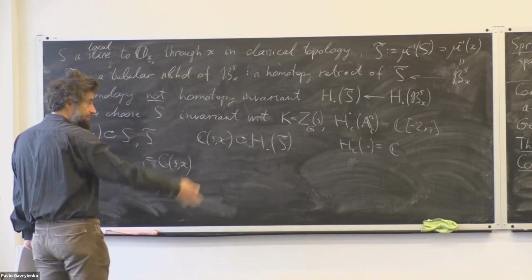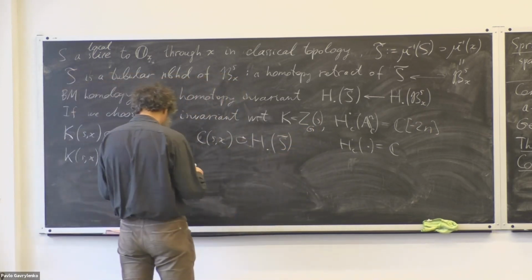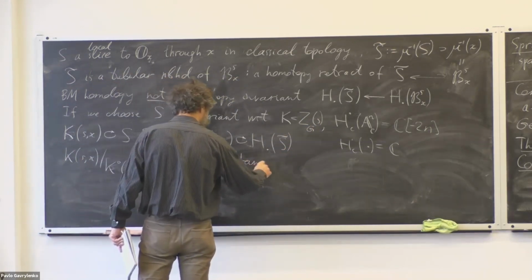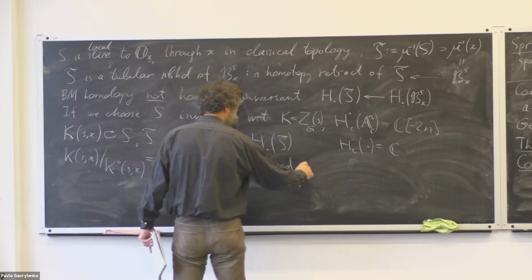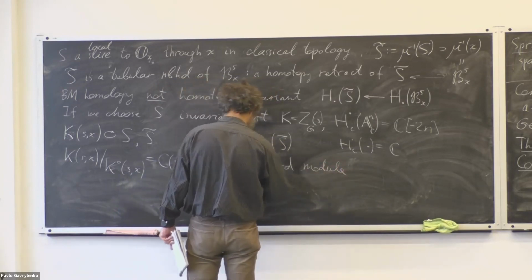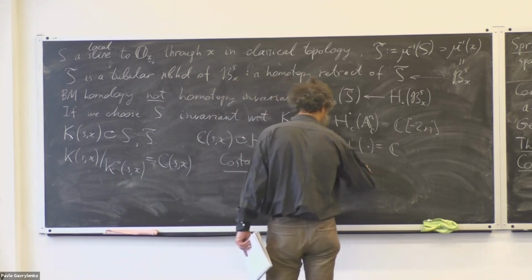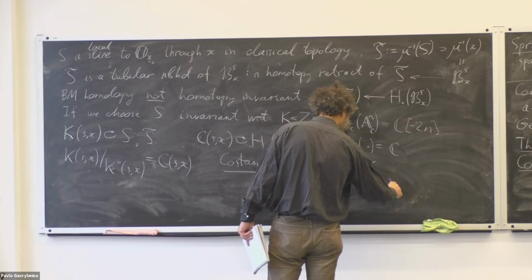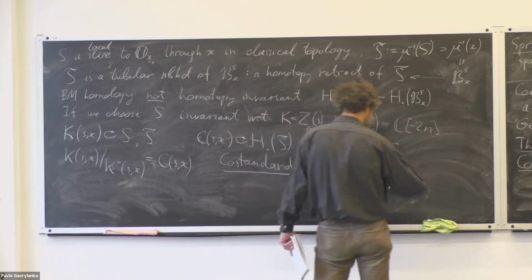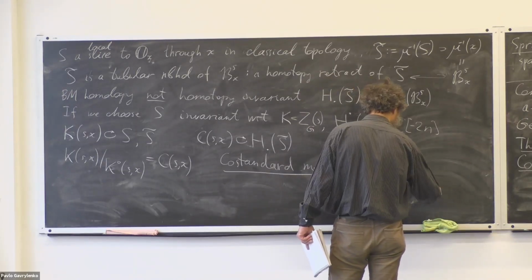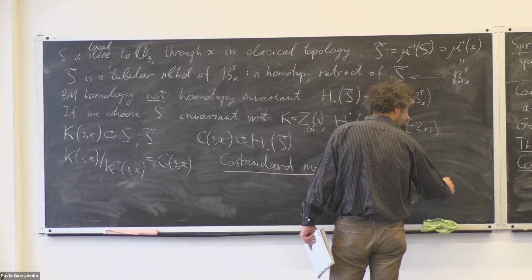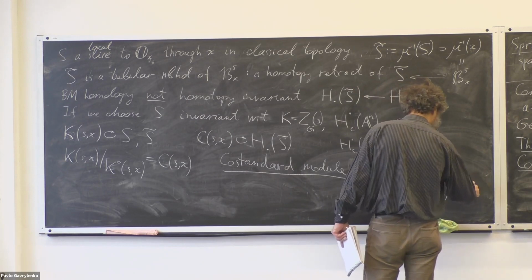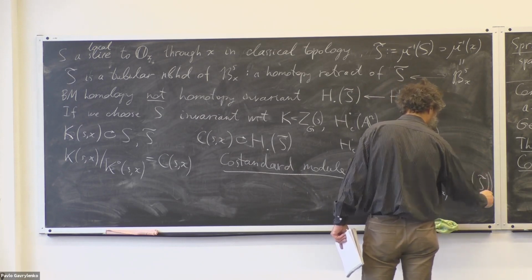And so just similarly, we define the co-standard module. K dual AX chi just as a multiplicity space from this to homology of S tilde.